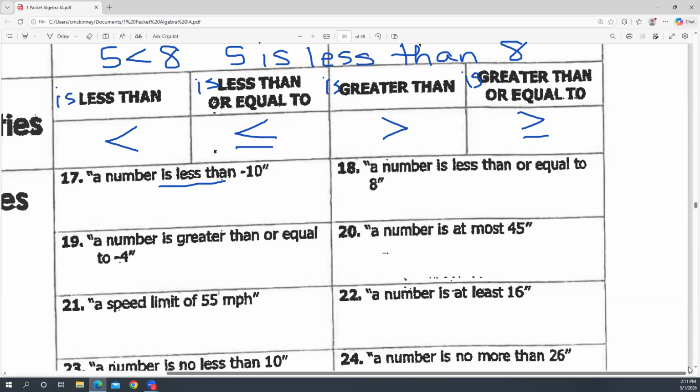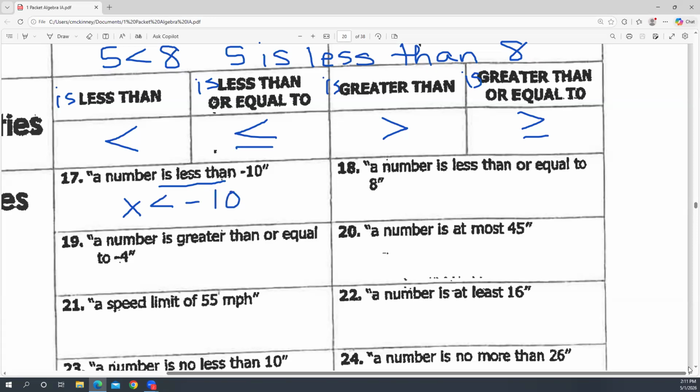So again, when we see a number, we can use n, we can use x. I might just change it up and use x now. If you still want to use n, it's perfectly fine. A number is less than -10. So I say x is less than -10.